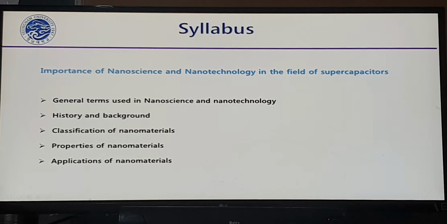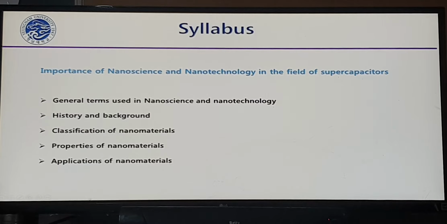Before discussing nanoscience and nanotechnology, we need to discuss the general terms used in nanoscience and nanotechnology, and the history, background, and classification of nanomaterials. There are different kinds of nanomaterials, classified based on dimensionality, based on morphology, and based on different kinds of properties.